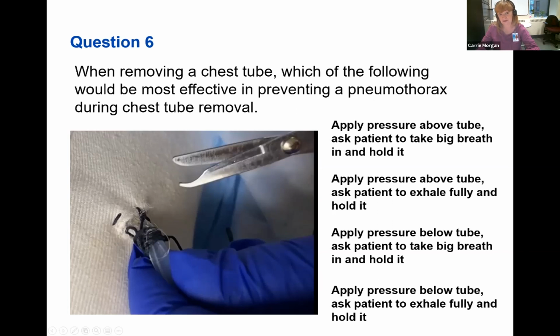If it's a baby that's crying, then wait until they've fully inhaled and just started crying, then take it out then. There is some literature to support bearing down at the end of inspiration, at the beginning of exhalation, to remove tubes to prevent pneumothorax.